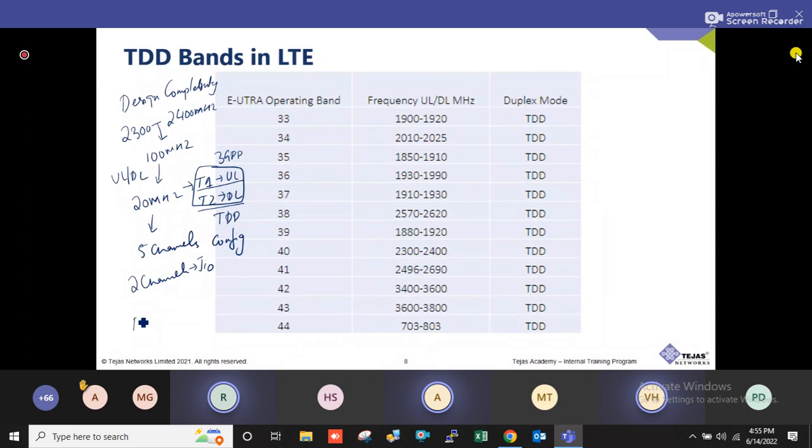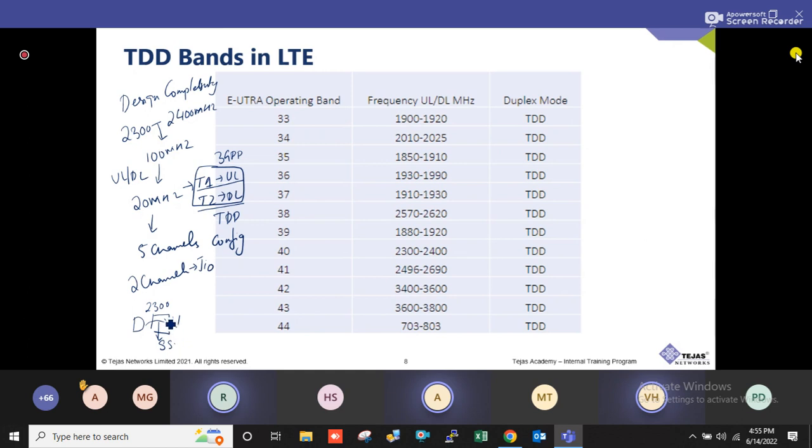There is one more challenge in TDD. Let's say I am doing download with the 2300 band at one instant of time. In the next instant, whenever I am doing an upload, there is a gap, and this gap is called a special subframe.